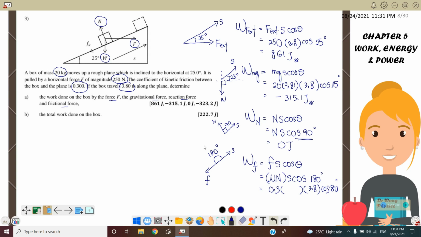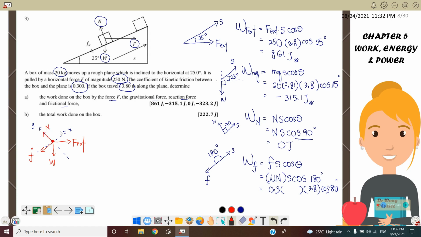For this, we must draw a free body diagram, with the x component and the y component. The free body diagram has the weight, the external force, the frictional force, and the normal force.